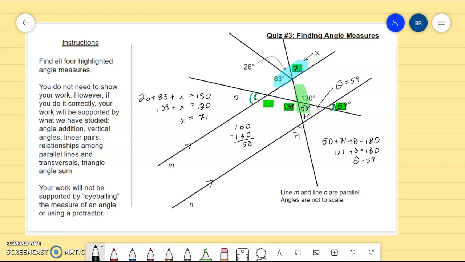So this is 59, and then this would be whatever 180 minus 59 is. Those are a linear pair. Well, I already figured out what 180 minus 59 is. That's 121. And I'm done.